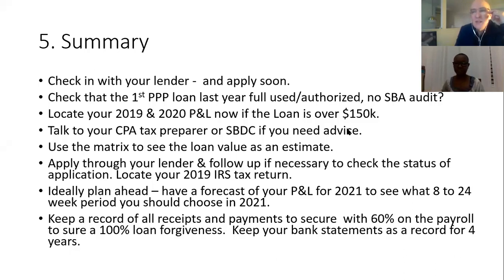Correct. So let's play that out as an example. I apply, I'm successful, and I get my loan, which hits my bank account on, let's call it, March the 1st of this year. It's not retroactive, so I've got to look forward from March the 1st. Right. And I'm going to choose a period which is a minimum of 8 weeks, but I could go up to 24 weeks. Yes.